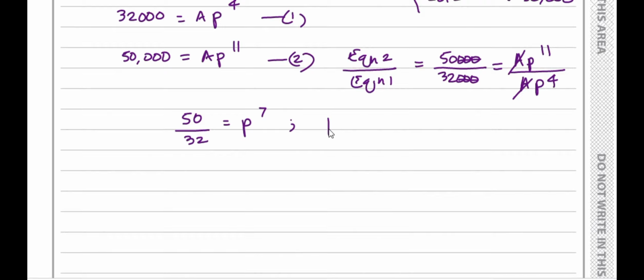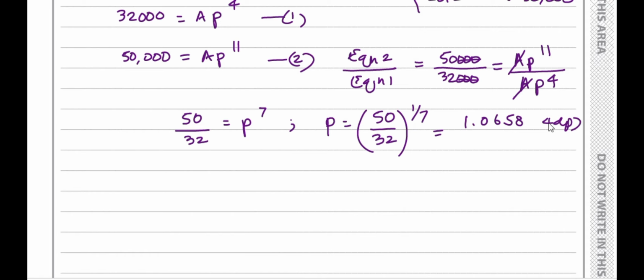From here, we can find out P by taking the 7th root of 50 over 32. So how do we write that? Put that in a bracket and put 1 over 7. Putting that into the calculator, I get 1.0658 to 4 dp.